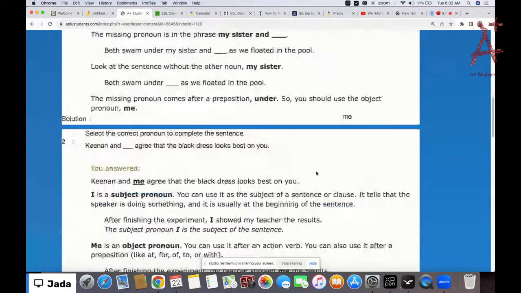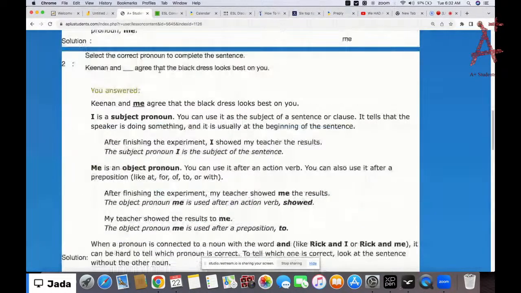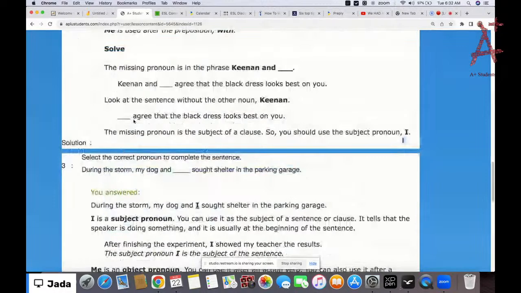So we have Keenan and dash agree that the black dress looks best on me. Okay, Keenan and dash agree that the black dress looks best on me. So let's go see. So Keenan and dash agree. First you're going to remove the Keenan, right? So you remove the Keenan and then you see what's the best answer.